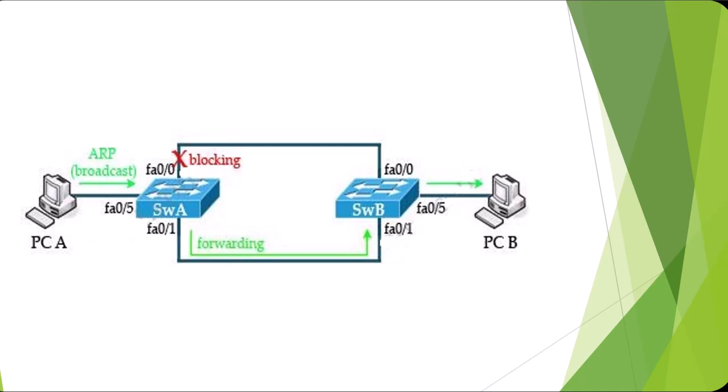There are three phases. The first phase is to elect the root bridge, which I will talk about later. Then we select one root port per non-root bridge, and select one designated port on each network segment.